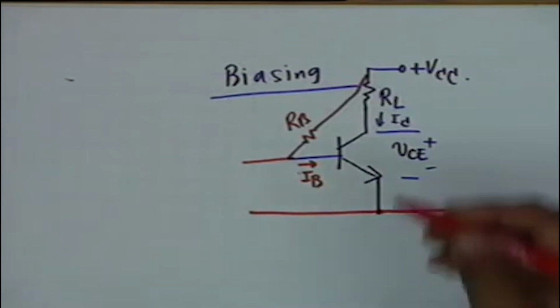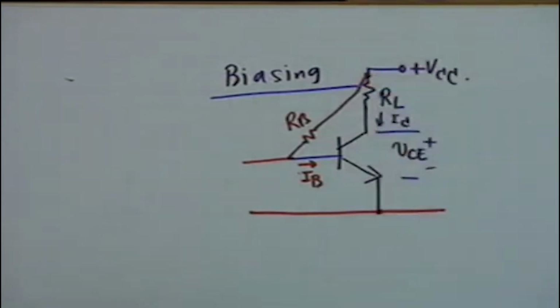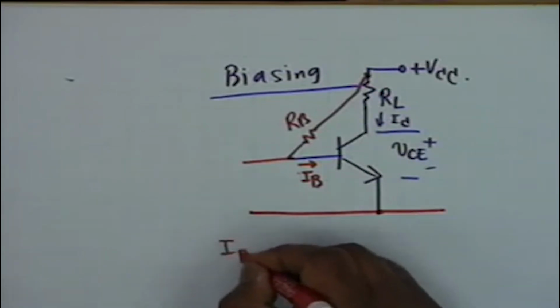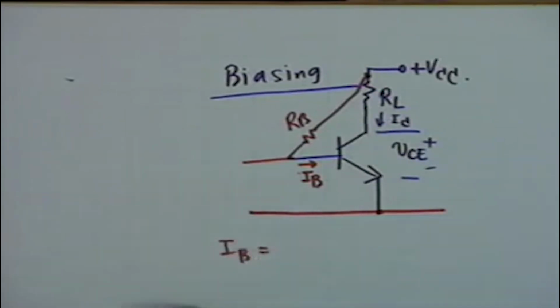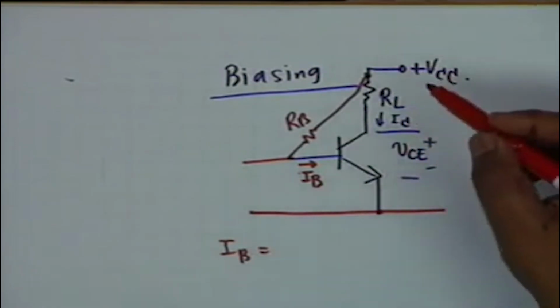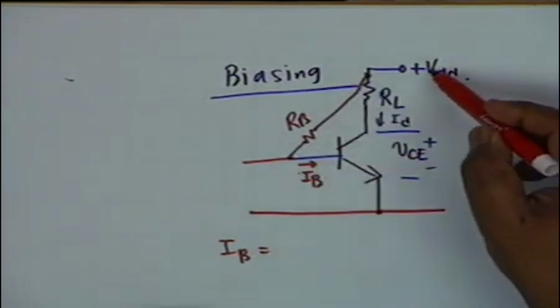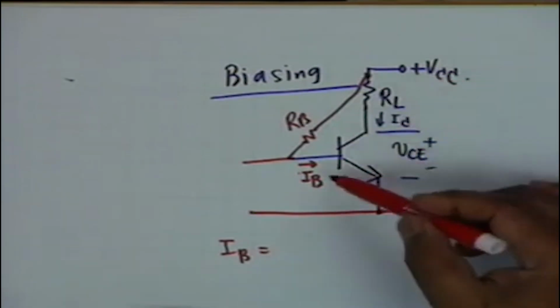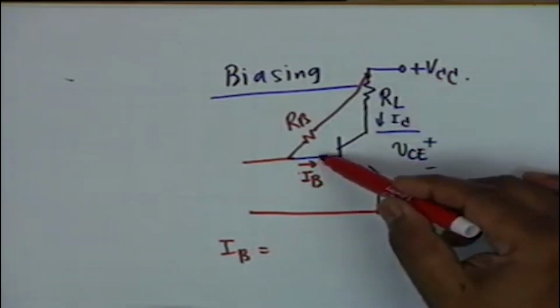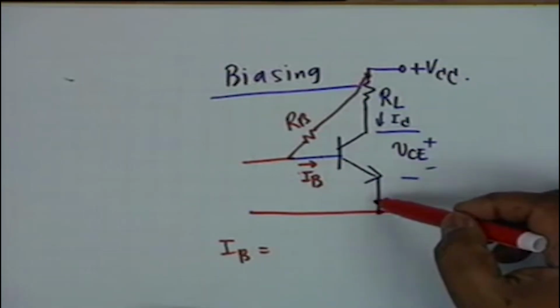This is one of the simplest circuits for biasing a transistor. Obviously I sub B, the base current here, shall be equal to the drop in RB. What is the drop in RB? This is VCC minus the drop between base and emitter.